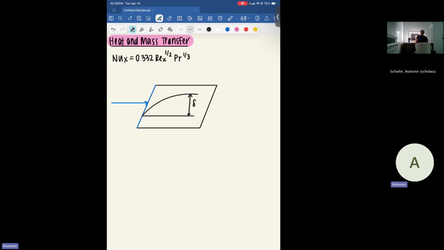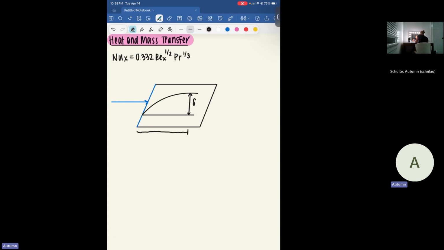And this plate also has some length associated with it, which is a change in our x direction. So I'm going to have this length as x. And once again, this surface over here is the one in which the flow is interacting with and forming this boundary layer.